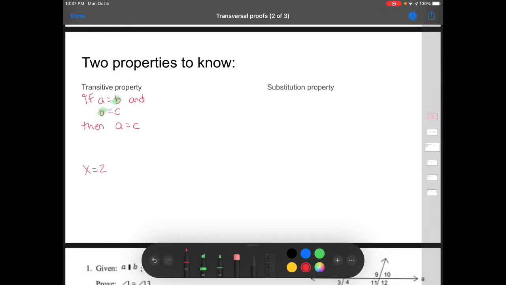So like if X equals 2 and Y equals 2, since they both equal 2, X and Y equal each other. Right, that's transitive.